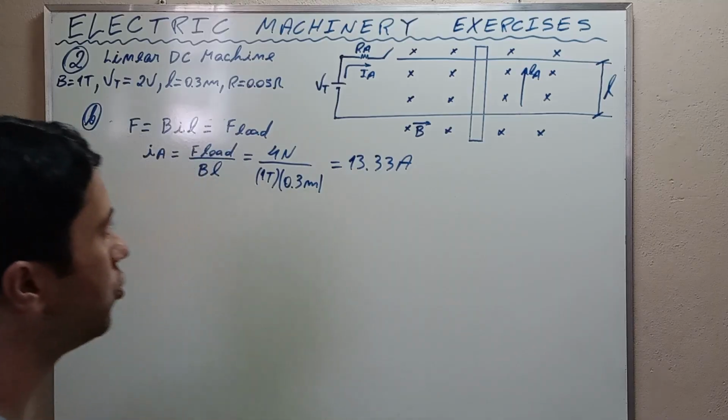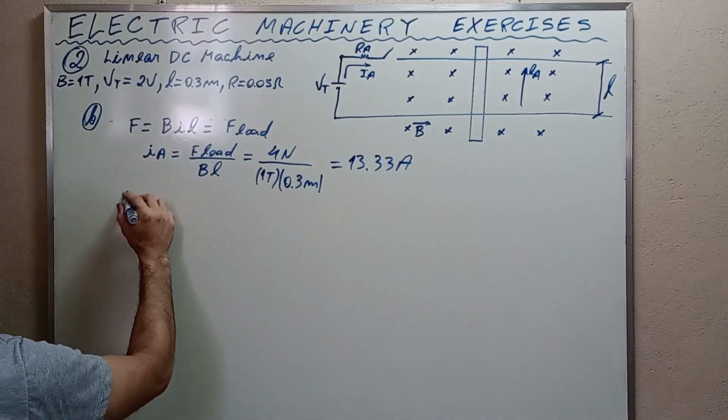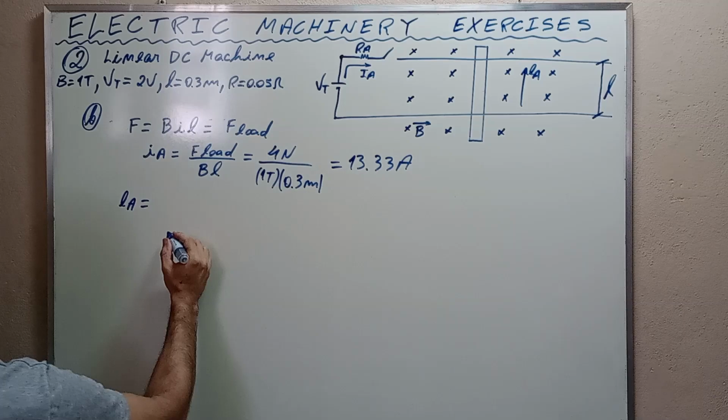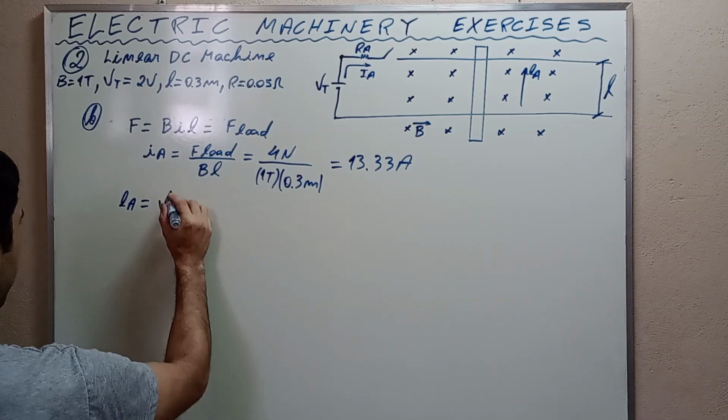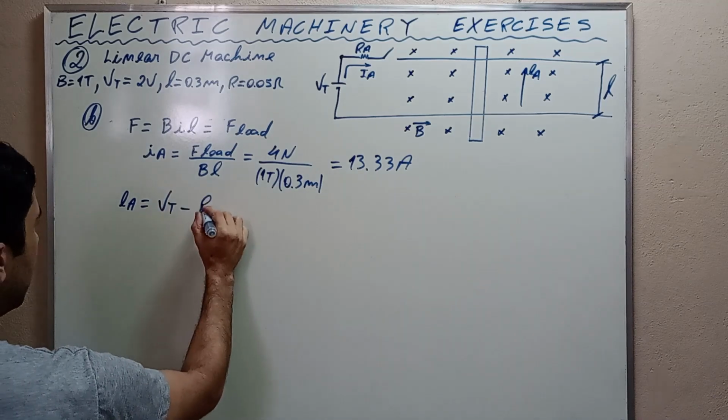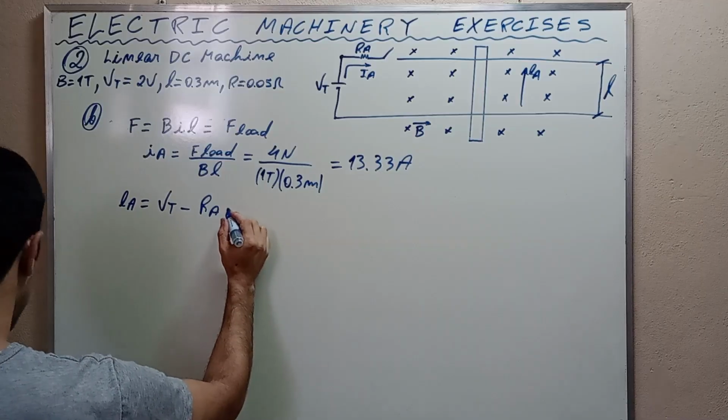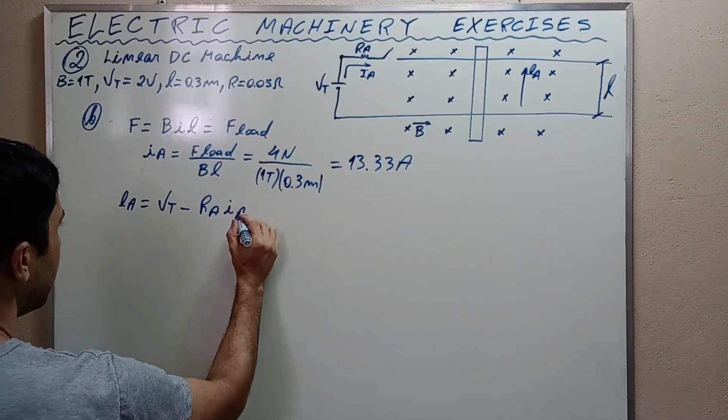This induced voltage is going to be equal to Vt minus Ra times Ia.